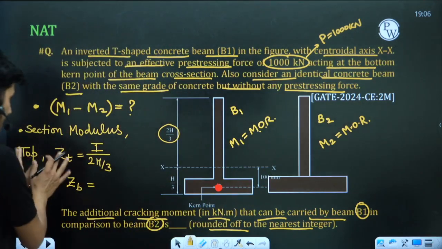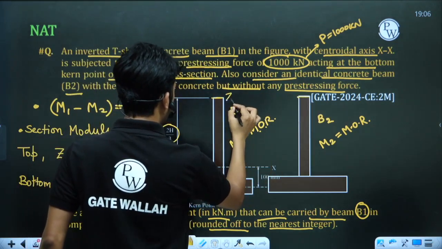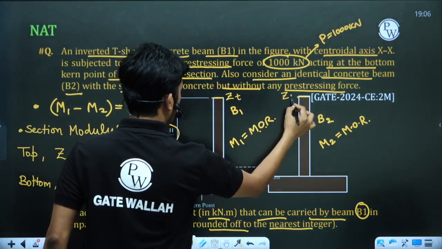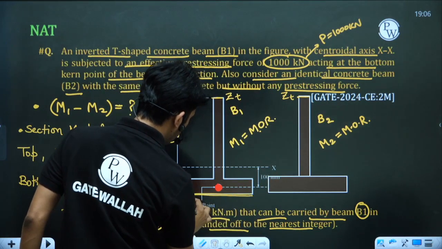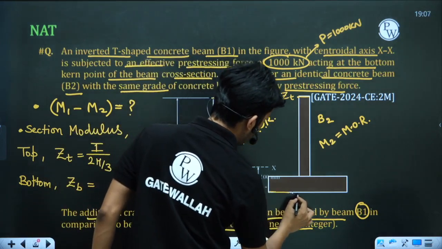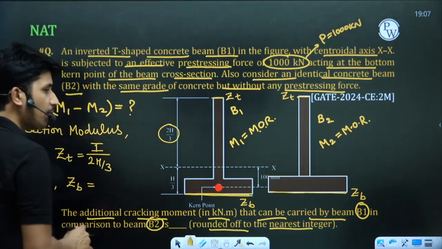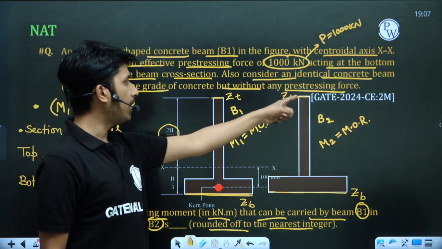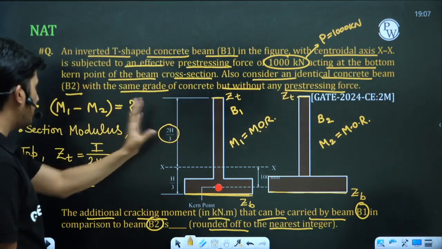So ZT is the section modulus at top here and also at the top here. And at the bottom, in this beam, the section modulus will be ZB, and the same section modulus ZB will be here. Z top and Z bottom will be different, but Z top here and Z top here will be the same, and Z bottom will be the same because the beam is the same.